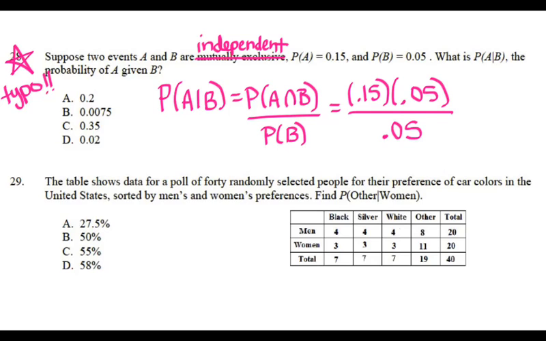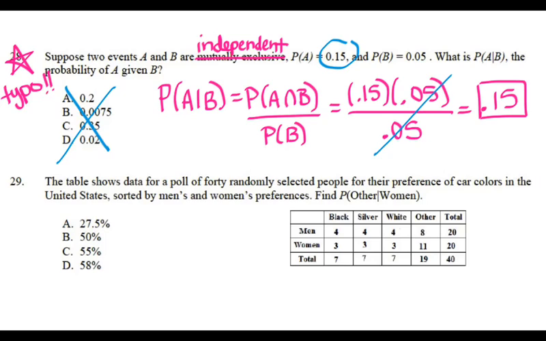Now if you look at the way that this is written, your 0.05s are going to cancel. So then that just leaves you with the probability of A, which is 0.15. Now if you look at your answer choices, you don't have anything that says 0.15, which is why this one has massive typos. None of these answers actually work, but your correct answer is 0.15. So since the 2 events are independent, the probability of A given B is just the same thing as the probability of A.